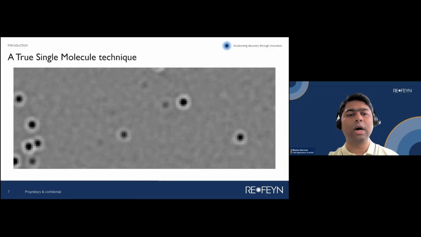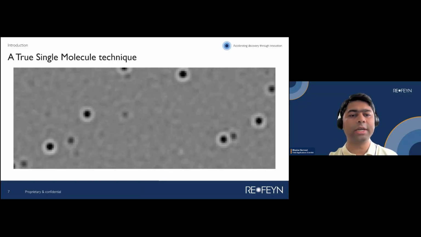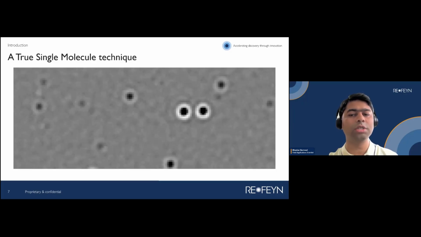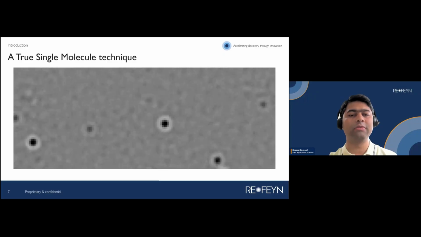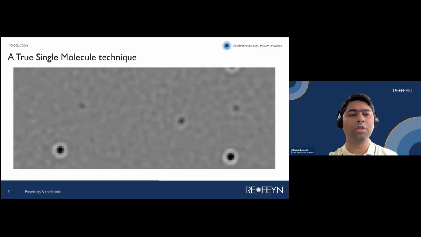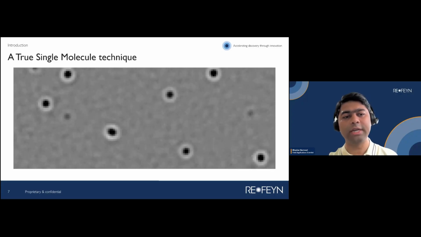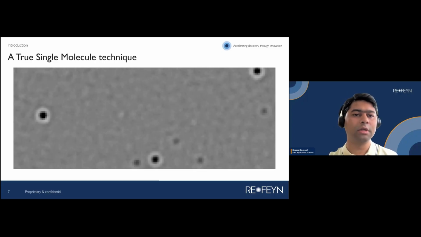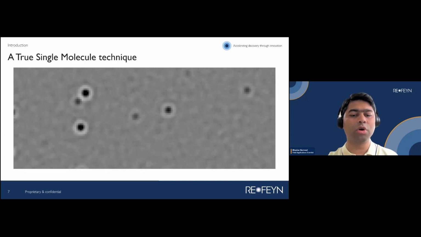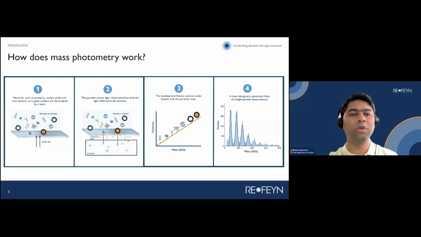The landing events are recorded by our iSCAT technology, also known as interferometric scattering microscopy technology, which measures the contrast values generated due to the landing of these molecules because of the interference between the reflected and the scattered light. To know the core principle in detail, we will go to the next slide, where we will try to understand what is happening during the measurement.